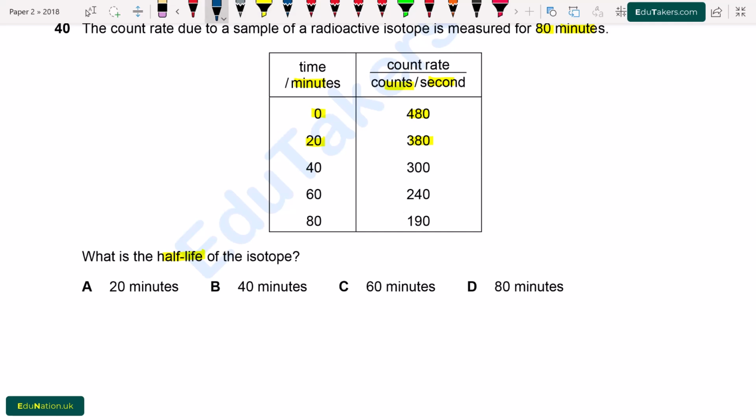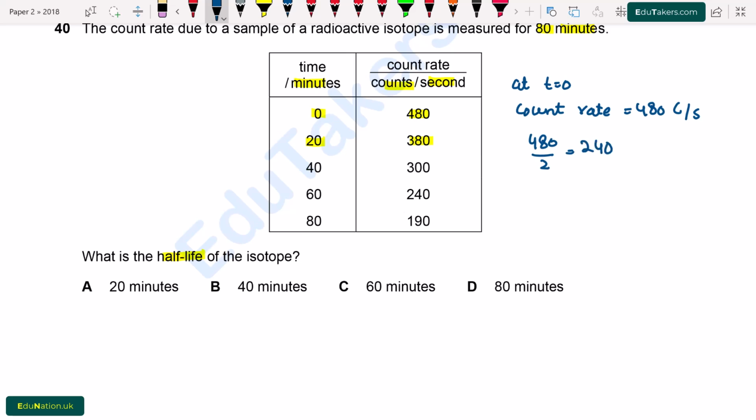First of all, I write here at T equal to 0, the count rate is 480 counts per second. Half-life is the time during which the count rate becomes half. So I divide 480 by 2. It will be equal to 240.